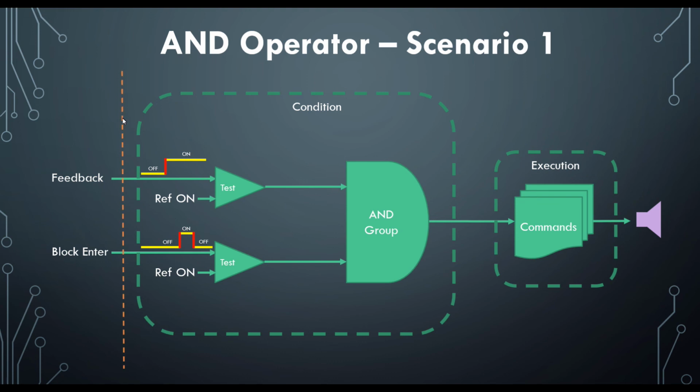Imagine you've got the timeline that is running across the waveforms. At any point are the states such that we will get true and true on the input to the AND gate, which will cause the condition to be met and the commands to be executed.